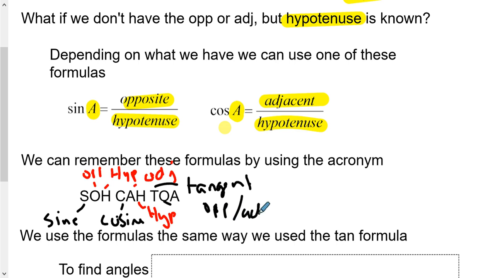It tells us them in order of numerator and then denominator. So sine, opposite over hypotenuse, tells us that opposite goes on top, like we see up here, and hypotenuse goes on the bottom. Cosine, adjacent over hypotenuse, tells us adjacent goes on top, hypotenuse goes on the bottom.